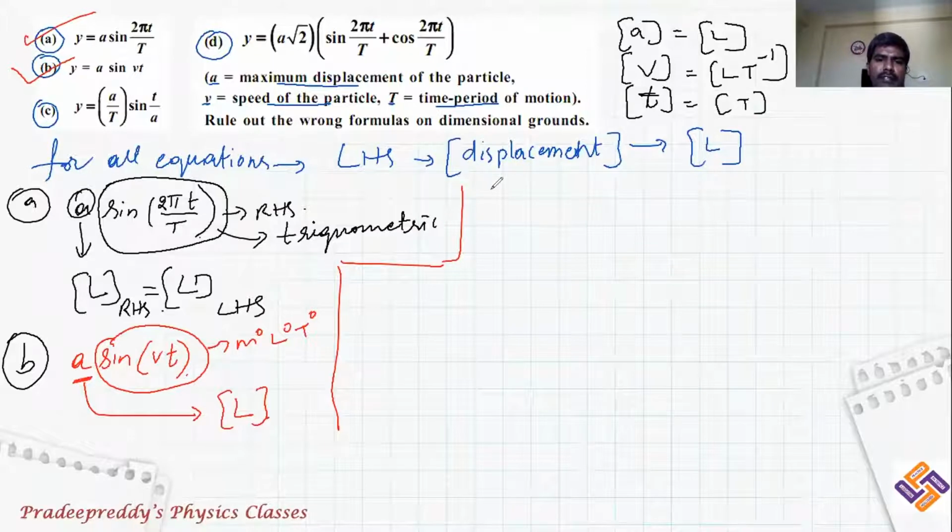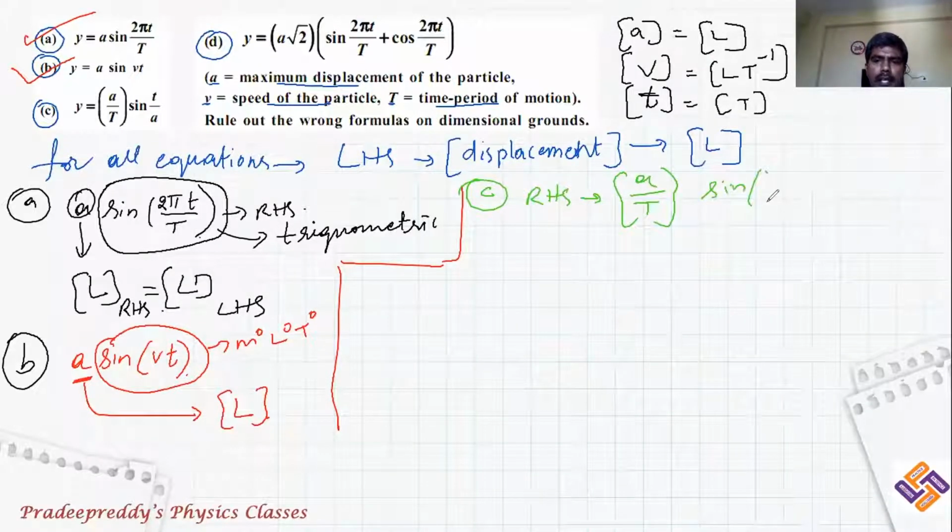Check option C. What do you have on the left hand side? Y, which is L. Right hand side, you take small a by capital T into sine of T by A. Of course, this does not have any dimensions, M power 0, L power 0, T power 0, because it is a trigonometric function.